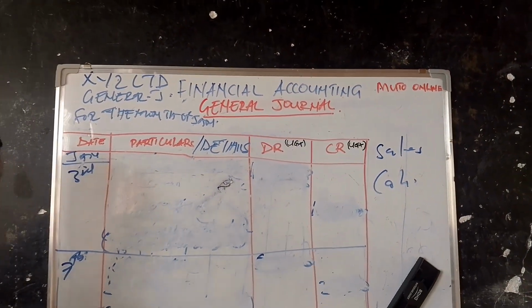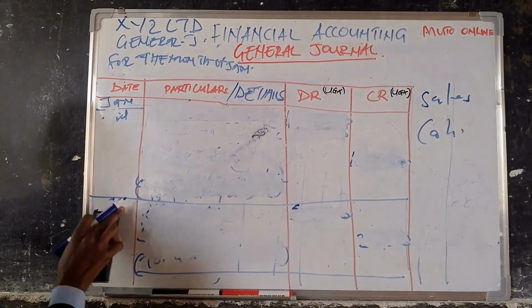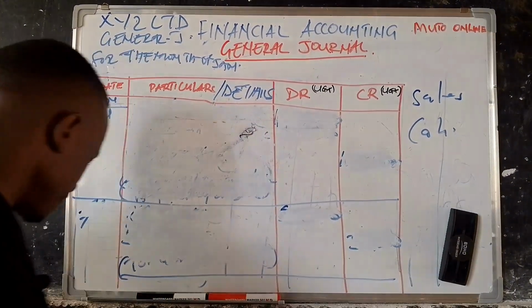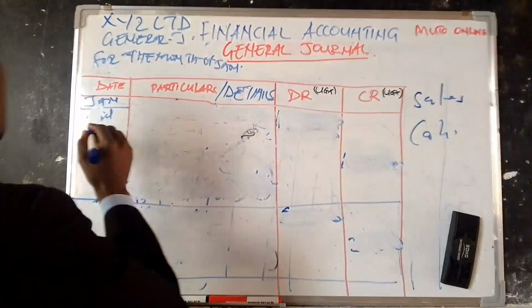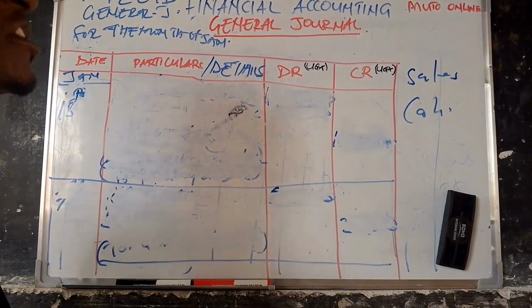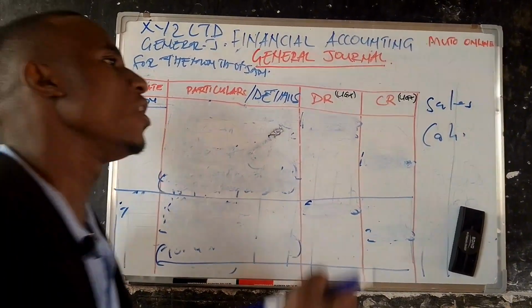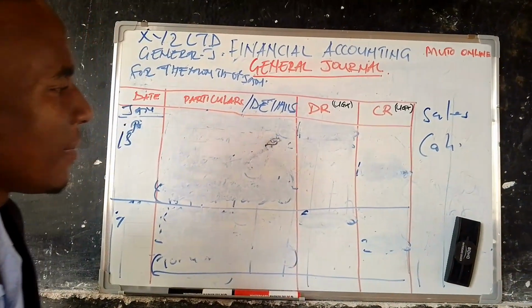So our next transaction was made on 15th. Let me remind you, it is not in chronological order that these dates are recorded. It depends on the question that you have come across.